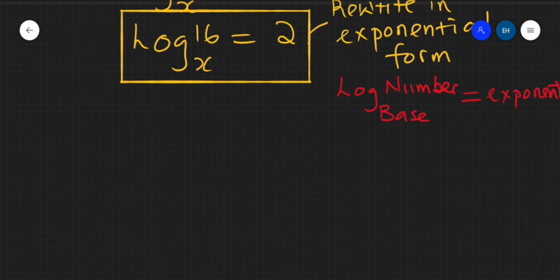So it can be rewritten as number is equal to base to the power exponent. So our number is 16. 16 is our number, and x is our base, and 2 is our exponent. That way.